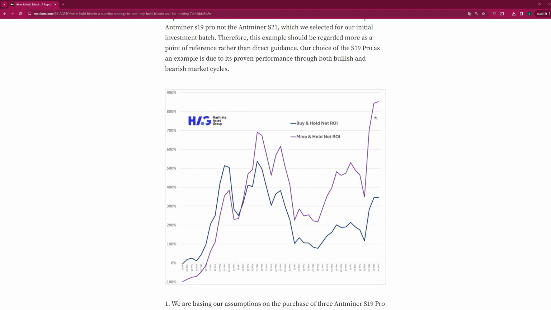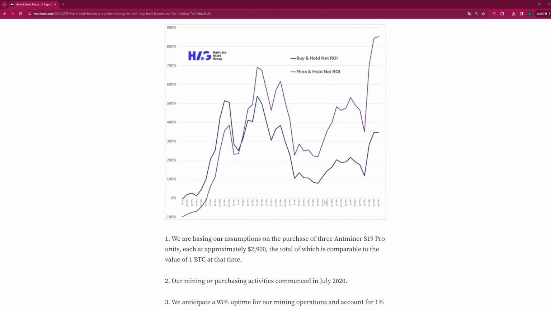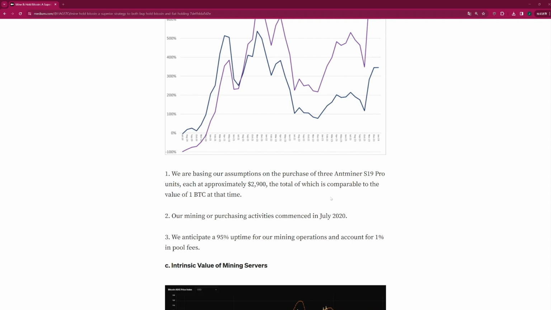So this is the demo case for you to know quantitatively how good mine and hold could be. And of course, since we do some calculations and collect the market raw data, we have some assumptions here. Okay.